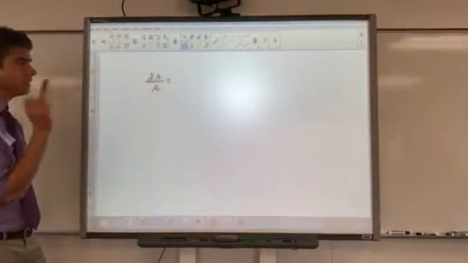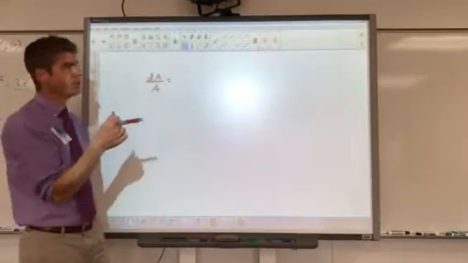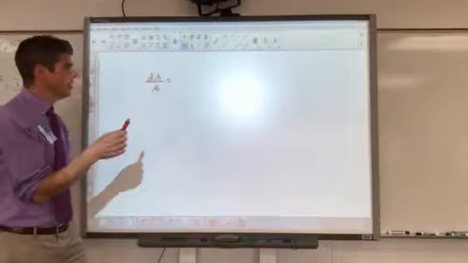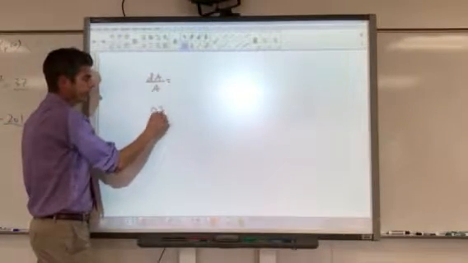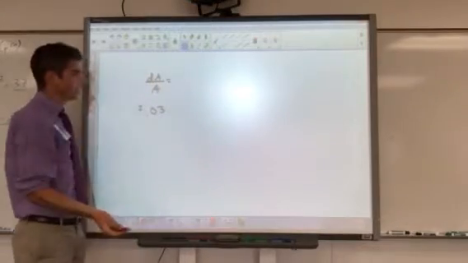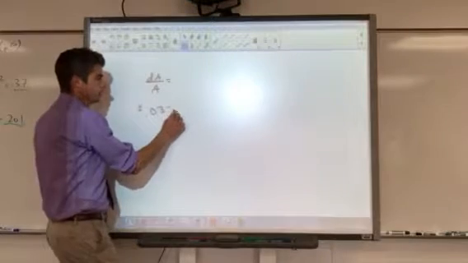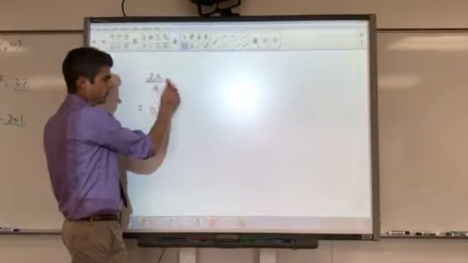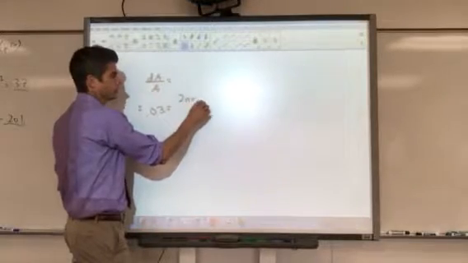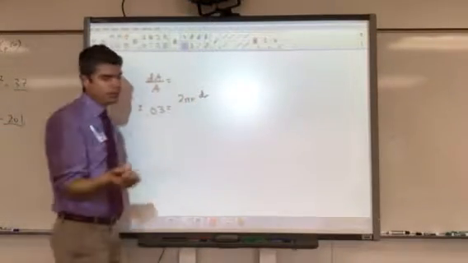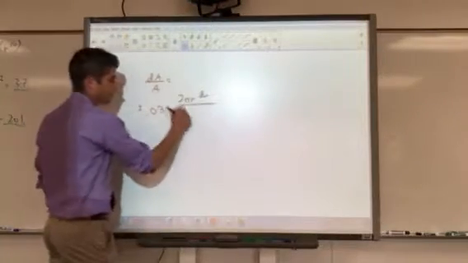If it says 3%, that would have meant my relative error was multiplied by 100 to get that value. So if it's a 3% error, the relative ratio would be 0.03. And just from the other problem, the differential of area we knew was 2 pi r times the differential of r, and area itself was pi r squared.